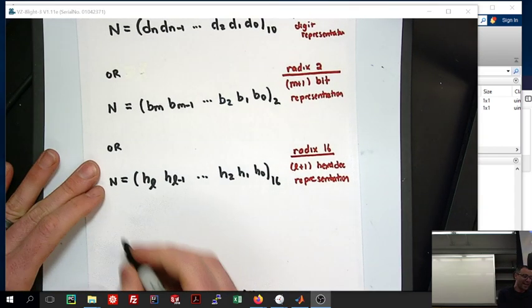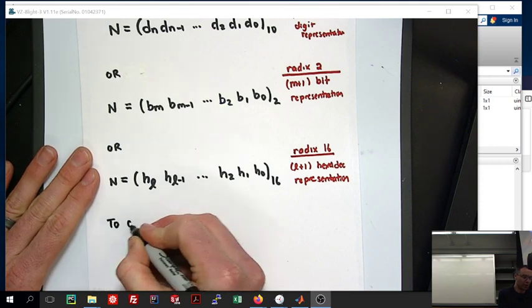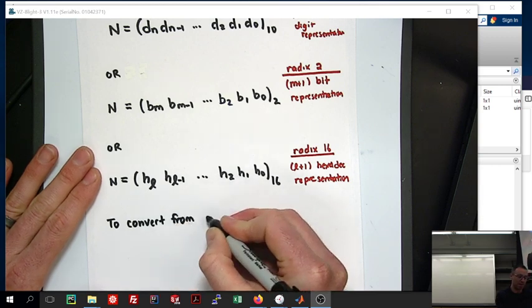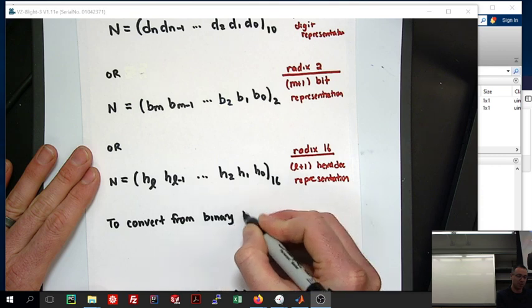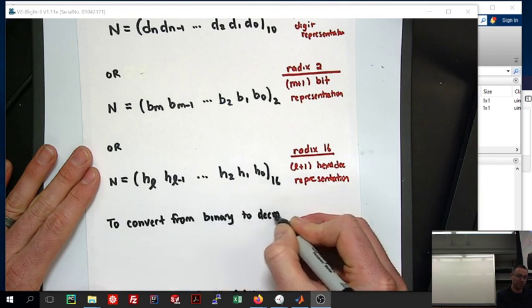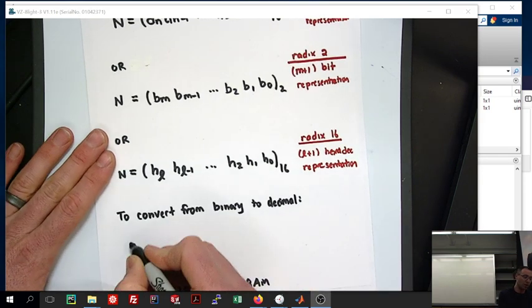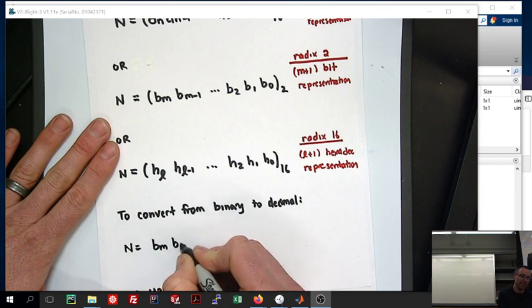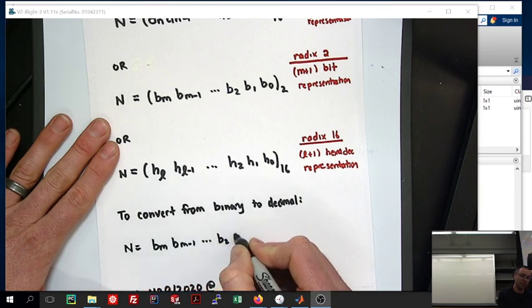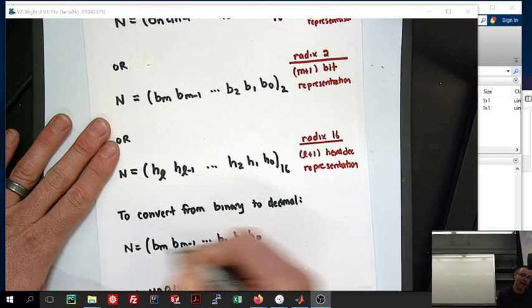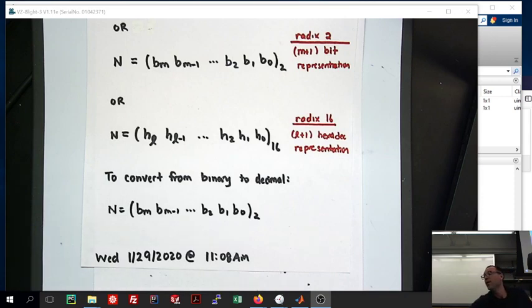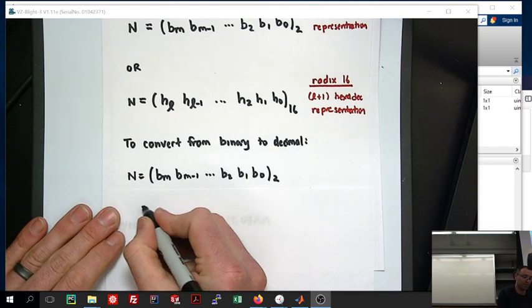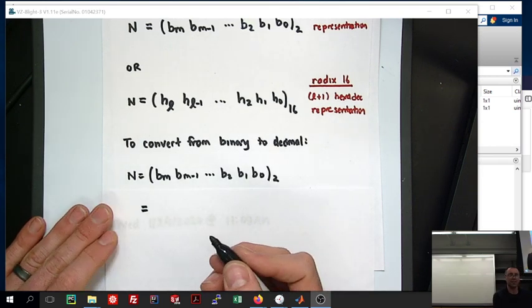Okay, so right now to convert from binary to decimal, we know that if we write n equal to b sub m minus 1, all the way down to b2, b1, b0, how would I get the corresponding decimal representation of that sucker?